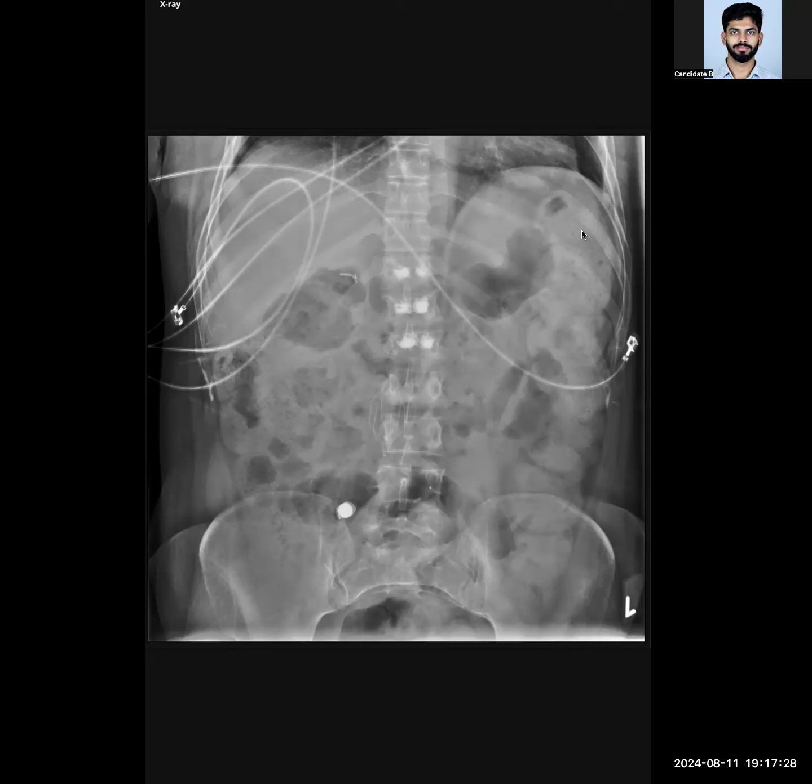So these are possibly post vertebroplasty changes and an IVC filter in situ, and this is possibly migrated vertebroplasty material. The cement material has probably migrated, which is causing some bowel dilatation and secondary colitis.